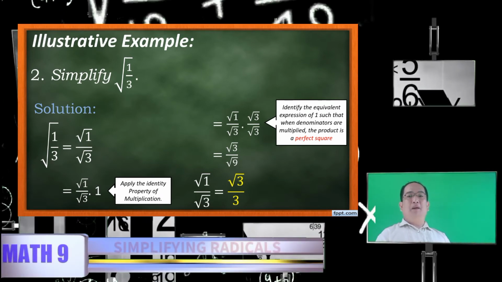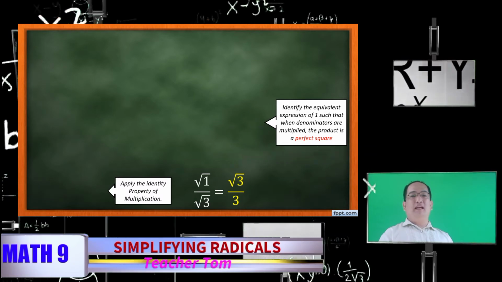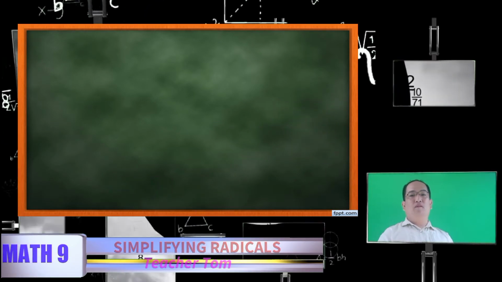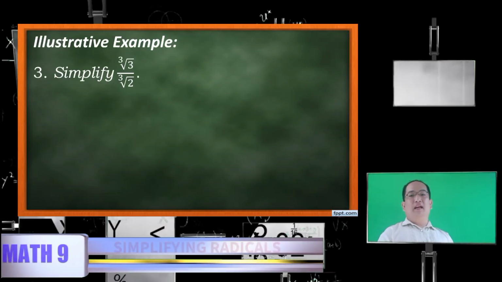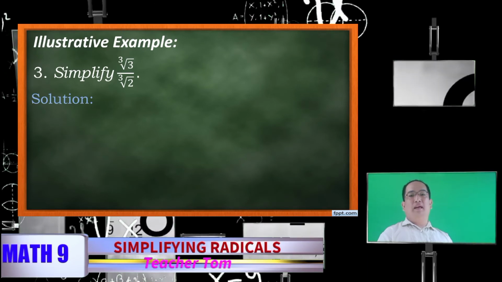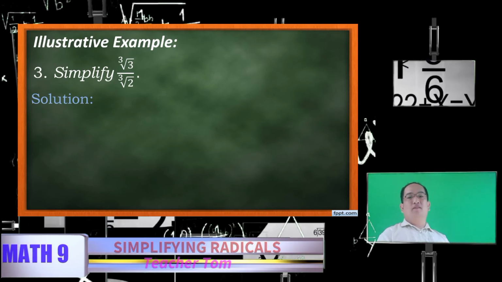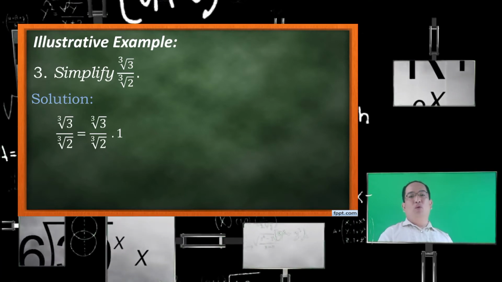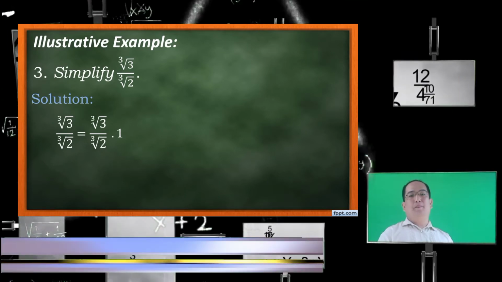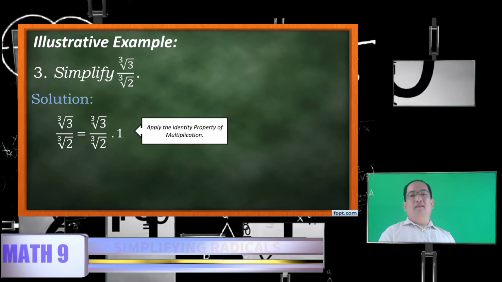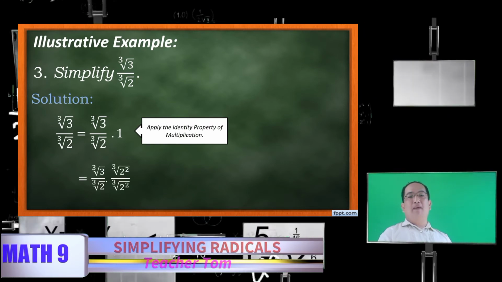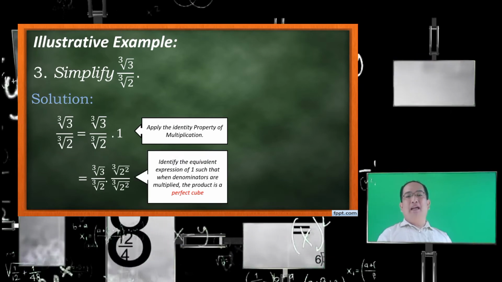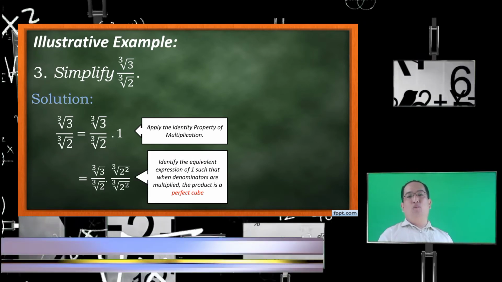Next, simplify the cube root of 3 all over cube root of 2. Okay? Cube root of 3 all over cube root of 2 can be expressed as cube root of 3 all over cube root of 2 times 1. Determine the equivalent expression of 1 such that when the denominators are multiplied, the product is a perfect cube.